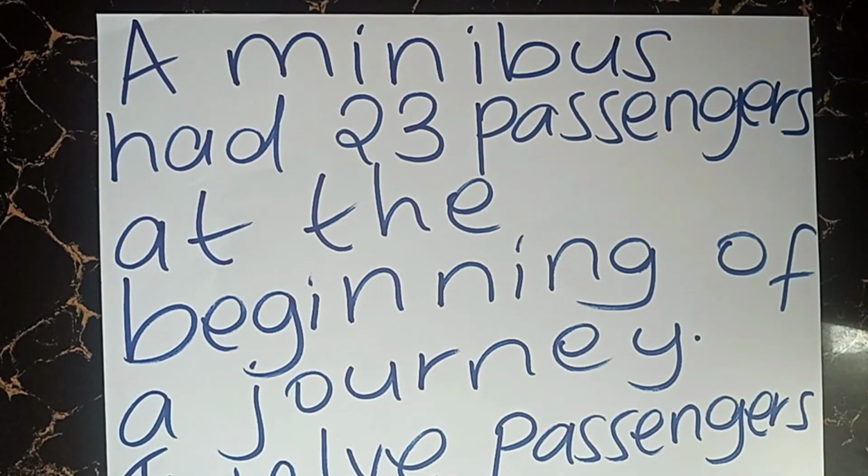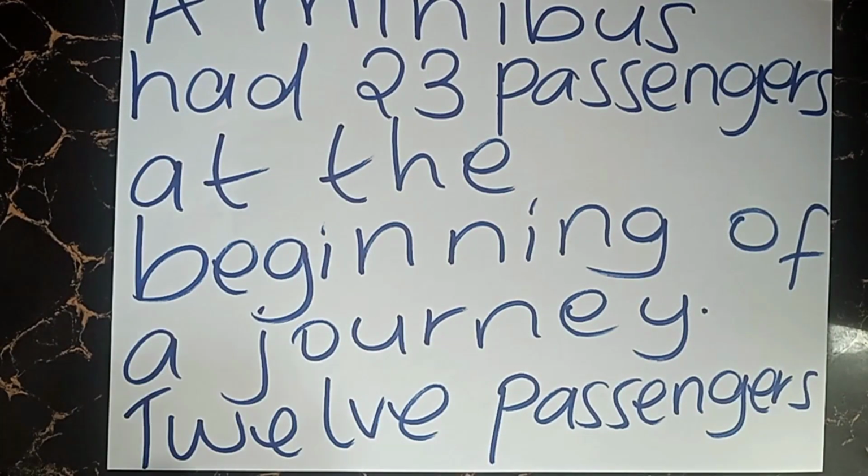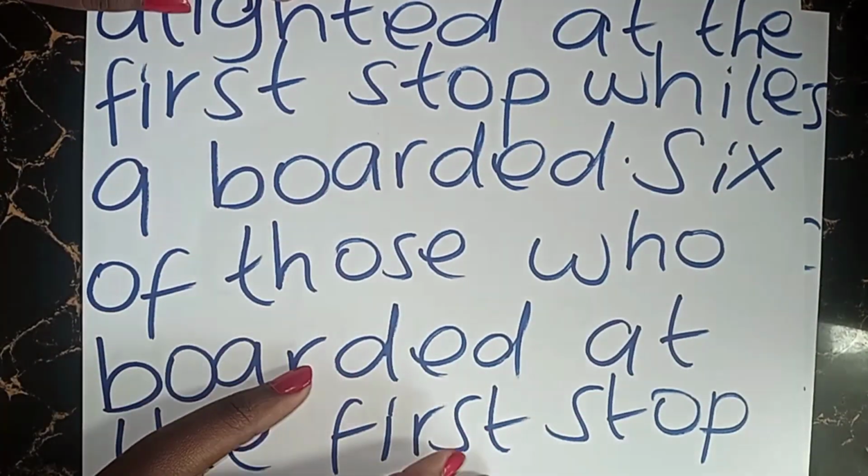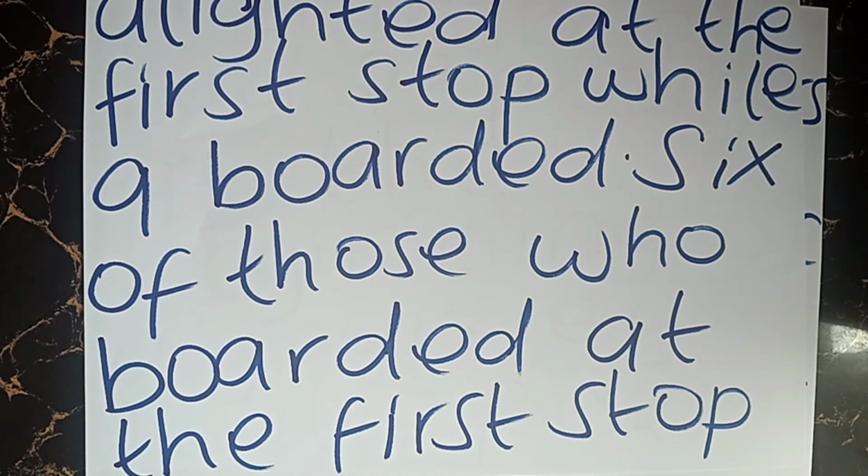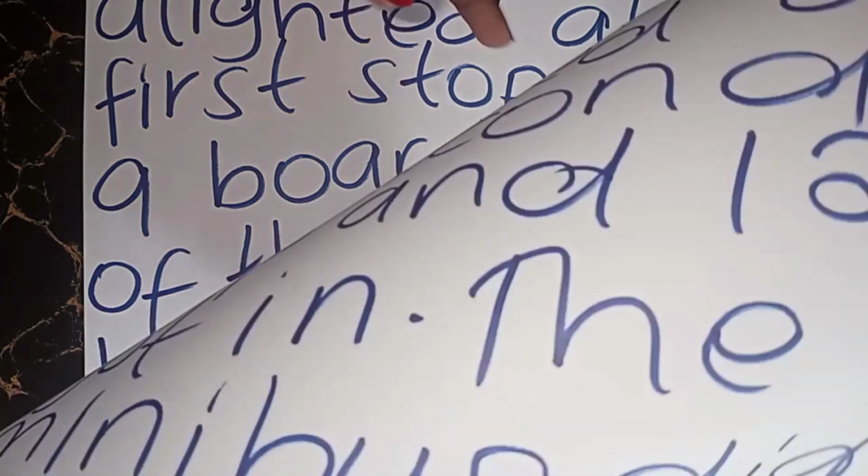A minibus had 23 passengers at the beginning of a journey. 12 passengers alighted at the first stop while 9 boarded. 6 of those who boarded at the first stop alighted at the second stop, and 12 got in.